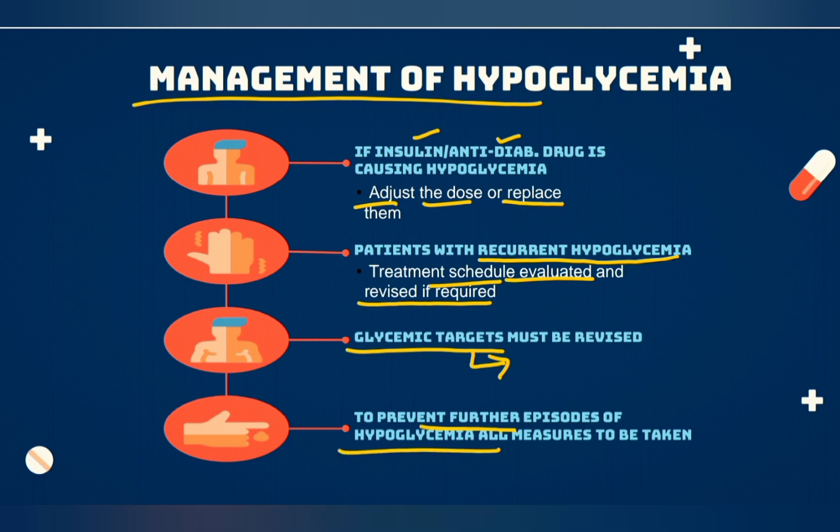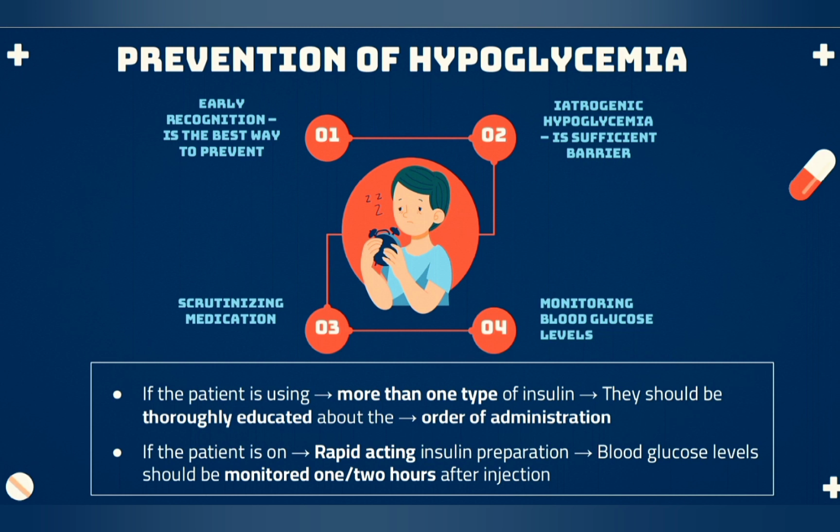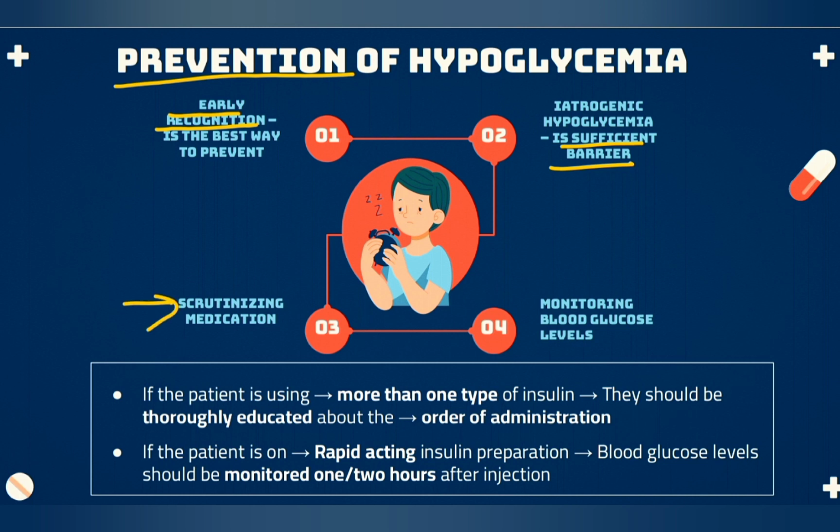Now let's discuss the prevention of hypoglycemia. In the condition of hypoglycemia, the first important step is the early recognition of the hypoglycemia-like condition by its signs and symptoms. And in hypoglycemia, the iatrogenic hypoglycemia is a significant barrier. So for that we need to scrutinize the medication, the type of medication, its dose, and its time of consumption or injection.